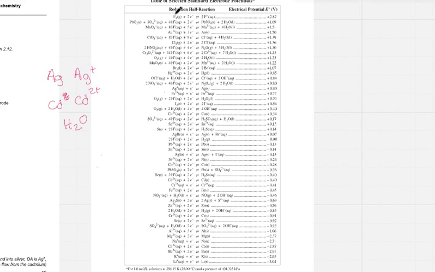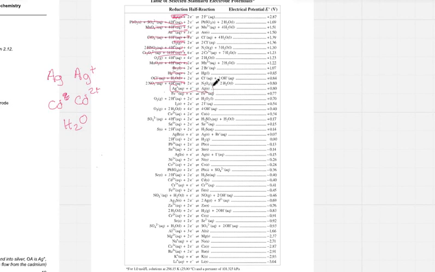So we start at the very top. Fluorine is our strongest oxidizer. Is that one of the things in our cell? No. How about lead oxide? No. Acid permanganate? No. Gold? Nope. Perchloric acid? Nope. Chlorine? Hope not. Nitrous acid? Nope. Acid dichromate? Nope. Nope, nope, nope, yes.